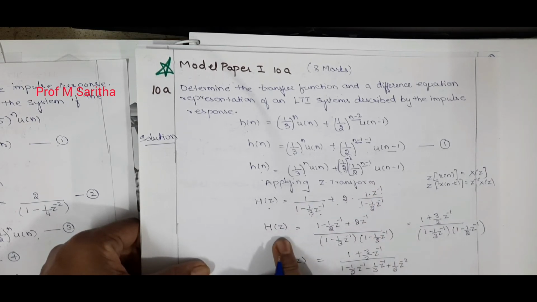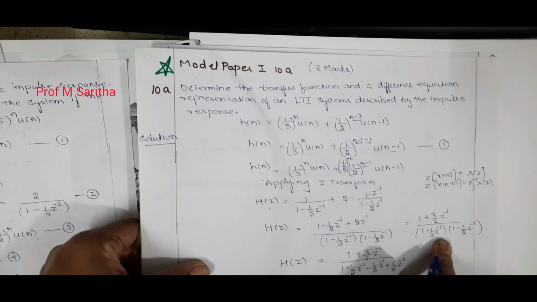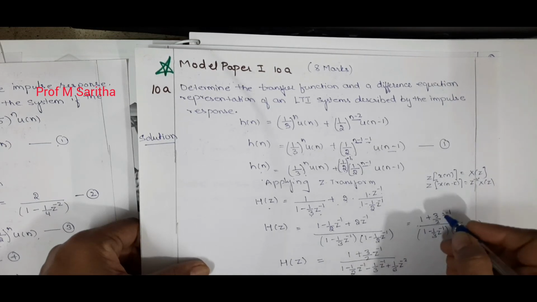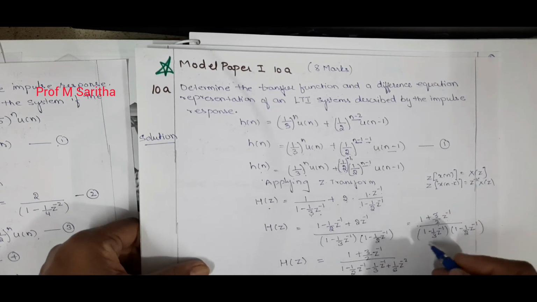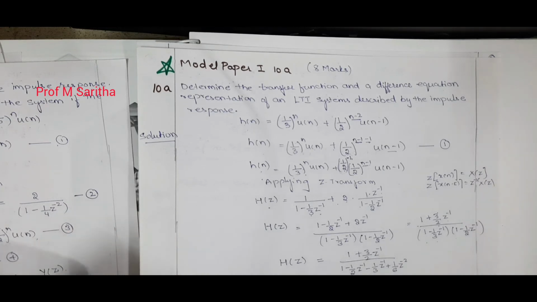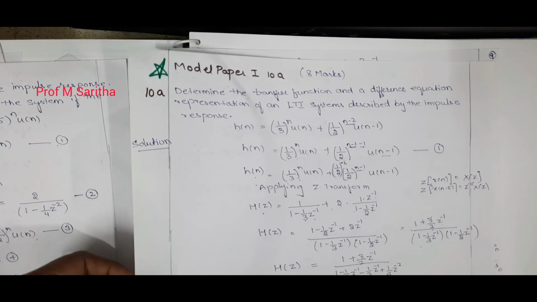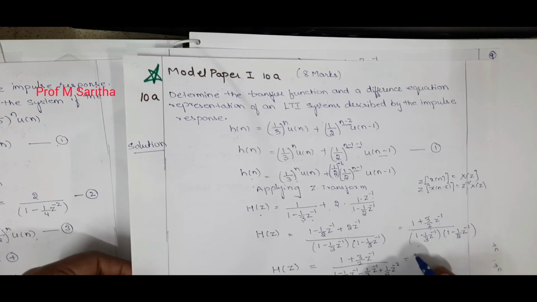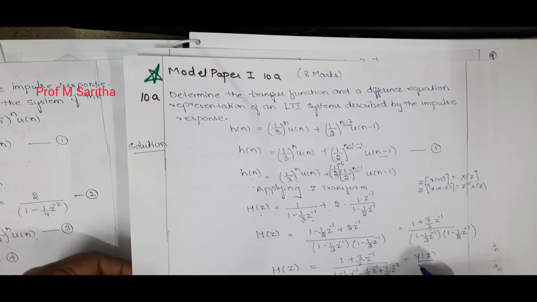Now taking LCM and simplifying this one, you get this expression: 1 plus 3/2 z inverse divided by (1 minus 1/3 z inverse) into (1 minus 1/2 z inverse). So this expression h of z is nothing but y of z by x of z.